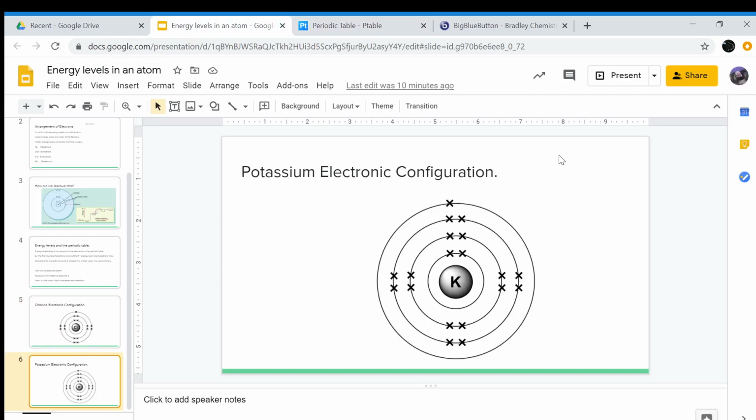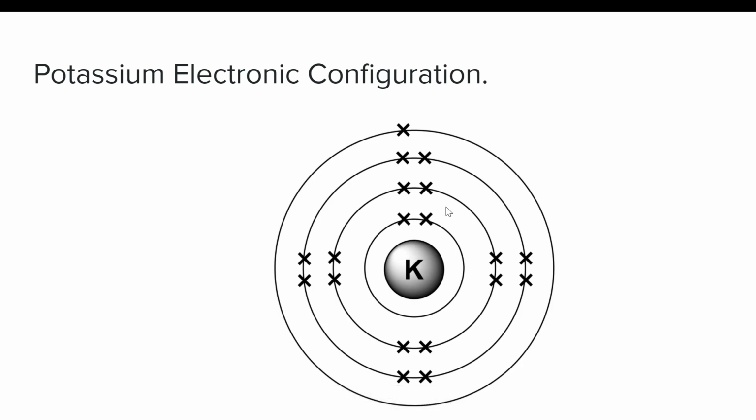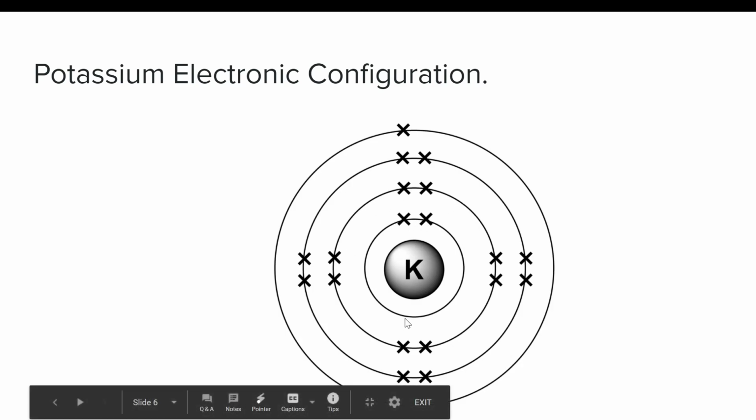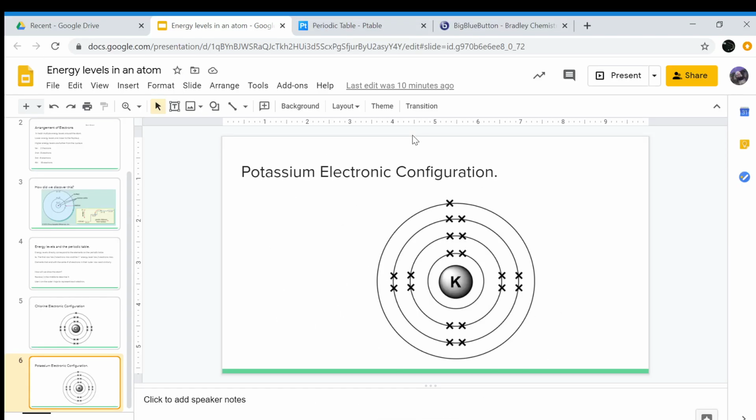Alright, and for those that just want to enjoy the show, here we have potassium. Notice we have K in the middle, 2 in the first energy level, 8 in the second, 8 in the third, and that last one is going to be on the outside all by itself. Man, it's all lonely. It probably wants to escape. That's what's probably going on.